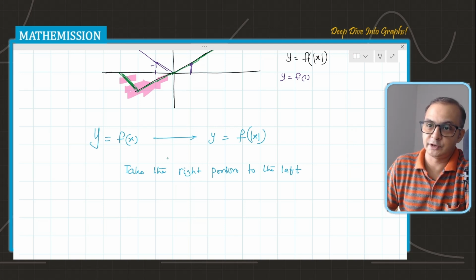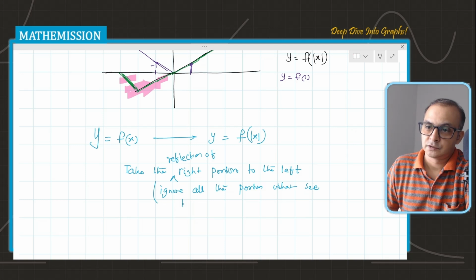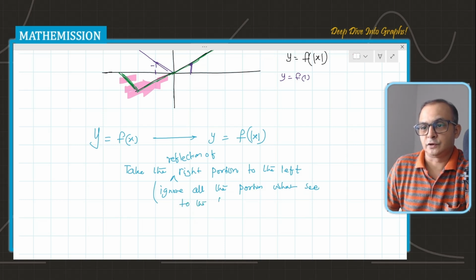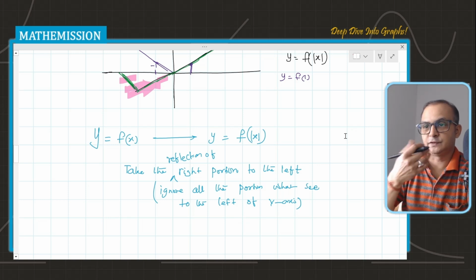Take the reflection, and ignore all the portions you see to the left of the y-axis earlier.